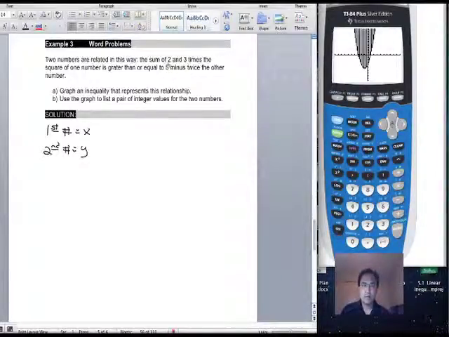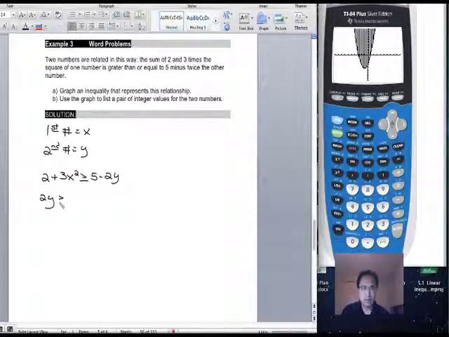Okay, so think about it. The sum of 2 and 3 times the square of one number, 2 plus 3 times the square of one number is greater than or equal to 5 minus twice the other number. Okay, so let's bring the 2y over here.